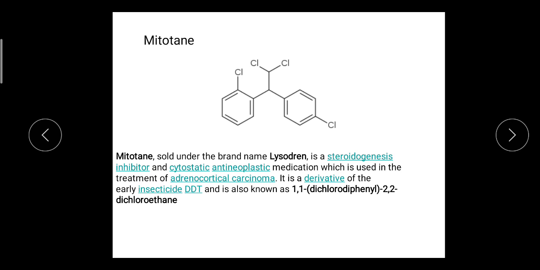Because of this mechanism of action, they are used for the treatment of adrenocortical carcinoma. It is a derivative of the insecticide DDT, and the chemical name is 1,1-dichloro-diphenyl 2,2-dichloroethane.